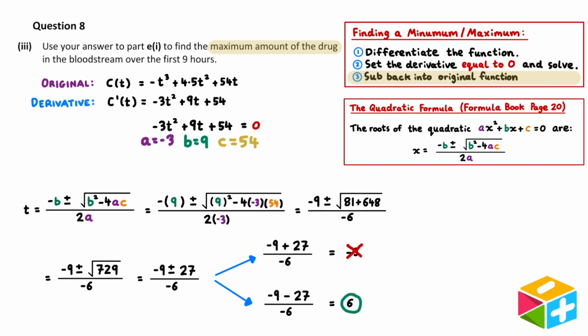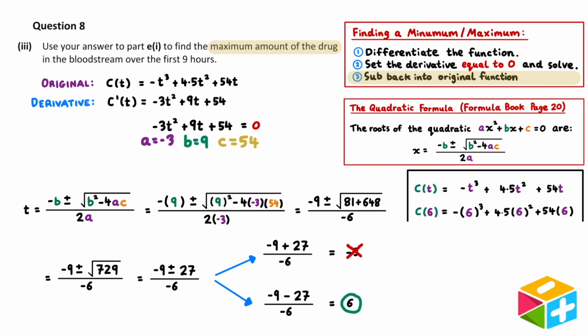To find this, all we have to do is sub in this t equal to 6 back into our original function c of t. C of t is equal to minus t to the 3 plus 4.5t squared plus 54t. To sub in t equal to 6, we just replace each of the t's with 6.